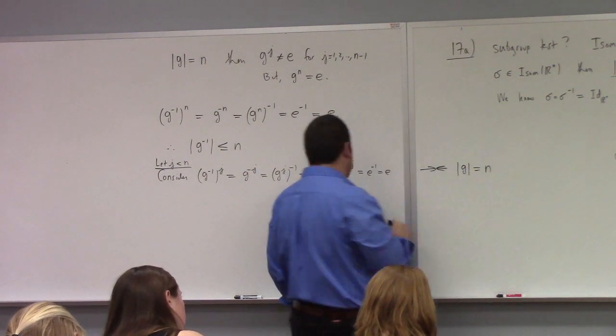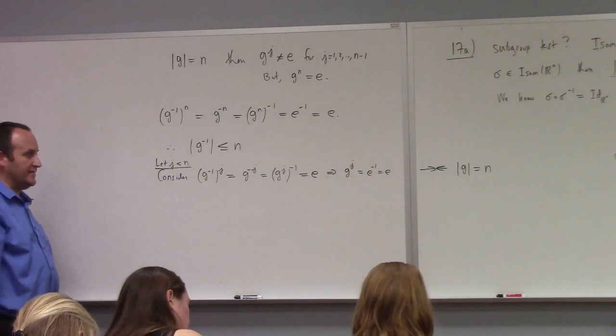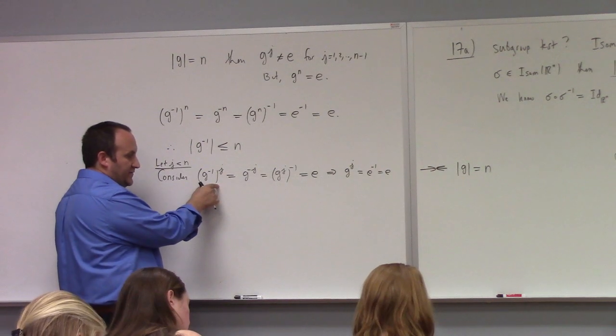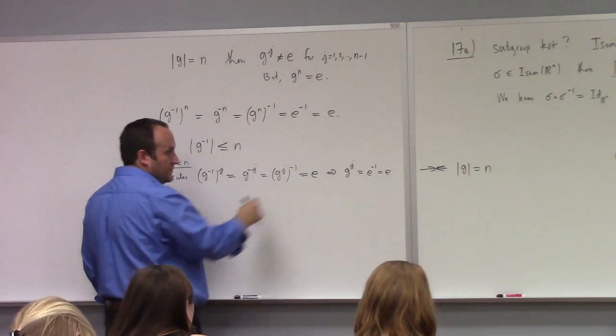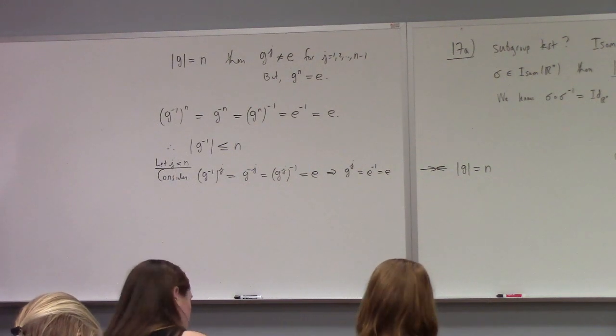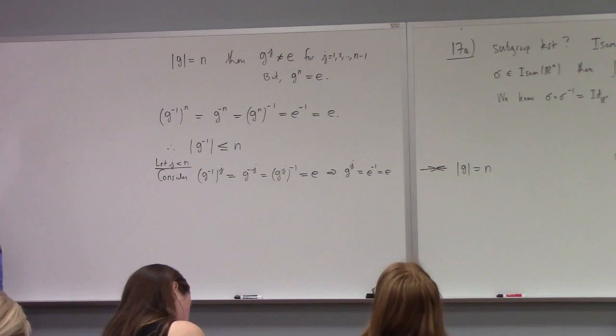We cannot have that g to a power less than n is the identity. That's what we got from assuming that there was a smaller power than n of the inverse raised to that power giving the identity. So that's a contradiction, therefore the inverse raised to any power less than n is not equal to the identity, and it follows that the order of the inverse is equal to n.